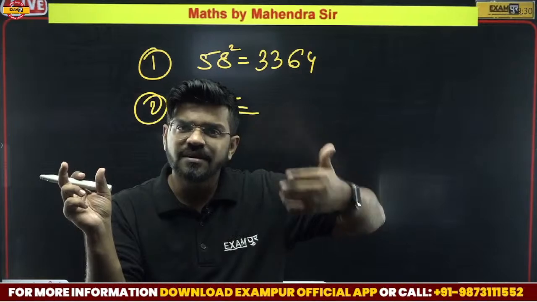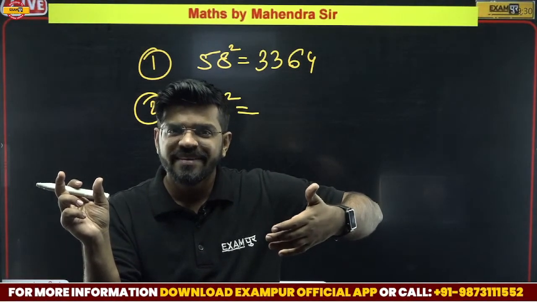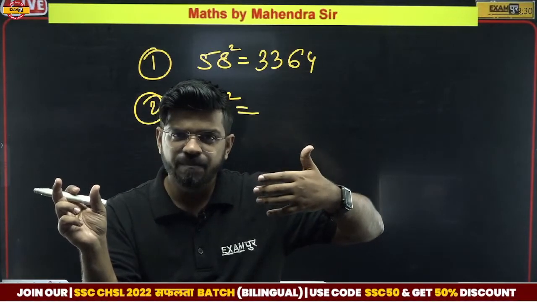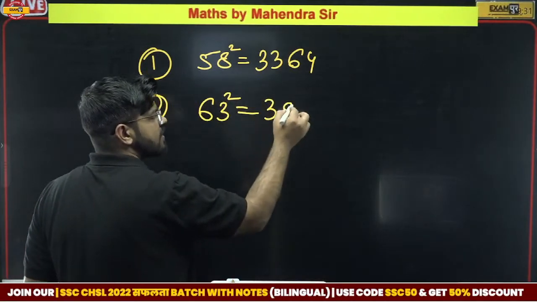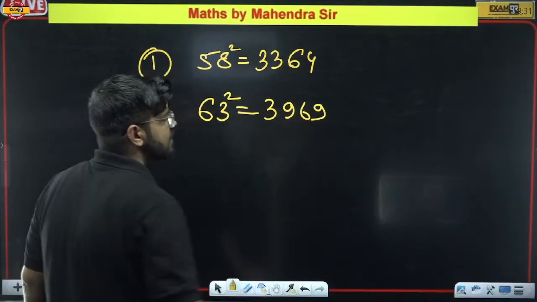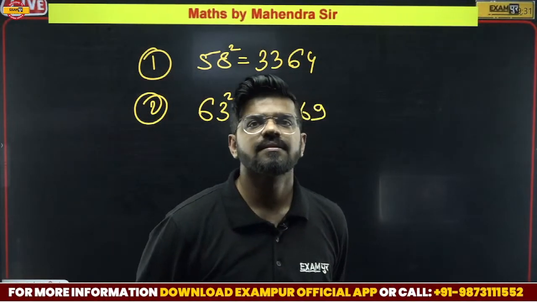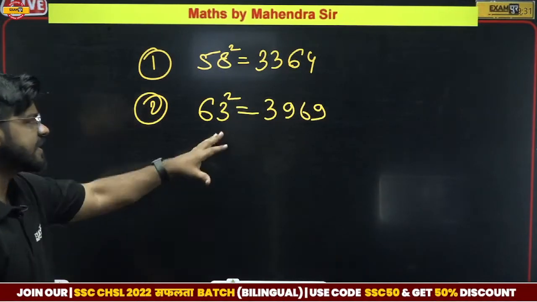What will it give me? Yes, 38. Right? 25 plus 13 is 38, and 1 carry, 39. So 3969 is my 63 square. Yes, very good. Is it clear to everyone?